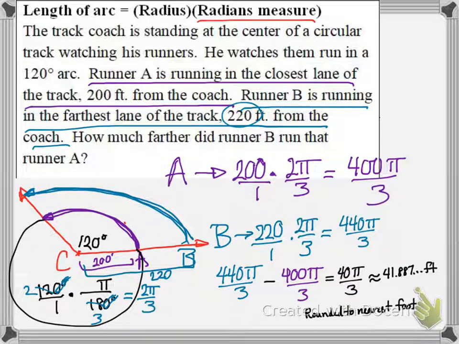Because, hey, that tells you to the nearest step anyway. Is anybody's step length less than a foot? So I'm going to say 42 feet more for, which one ran further? For B. And I'll call that my answer.